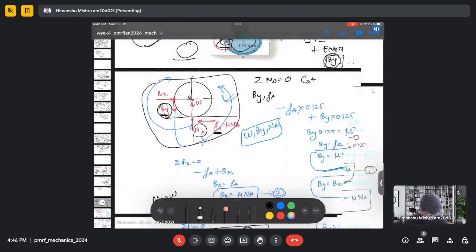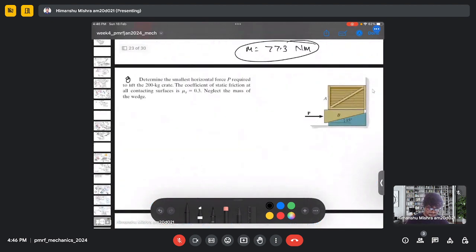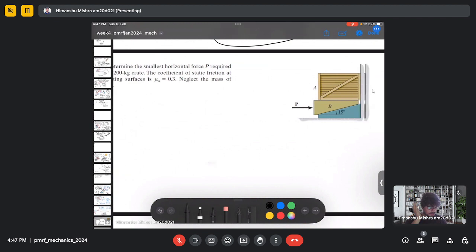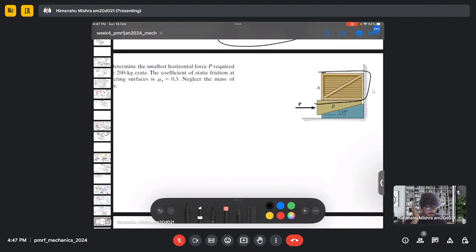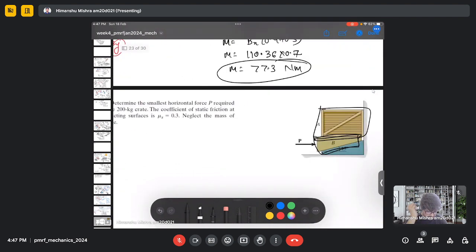So now let's move to the wedge one. Here we need to do the same thing. First we need to consider this box, then do the summation of forces or moments. Then we need to consider the bottom one and do the same, just like we have done here.